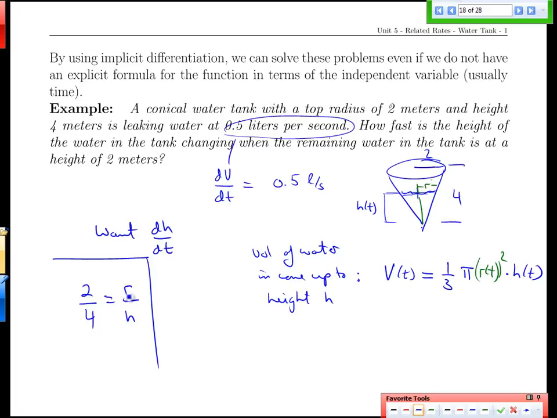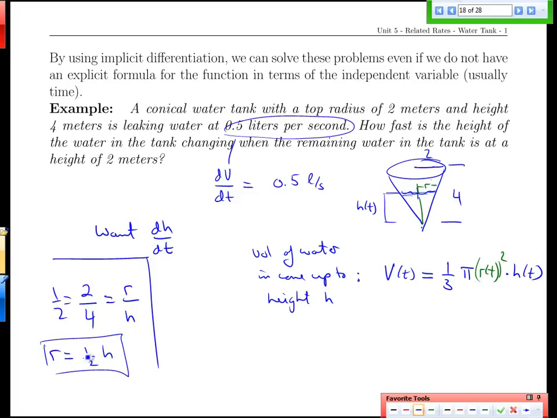So what that lets us do is get rid of h here. Actually, no, we want dh/dt. Let's get rid of r. So r can be written as 1/2 h. Does that make sense? When h is 4, the radius is 2, which is 1/2. Perfect.